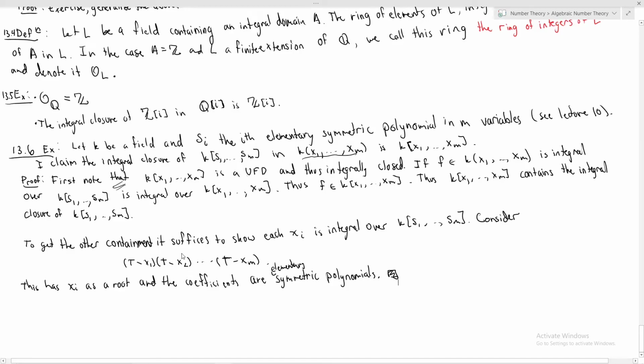Okay, so why go through this little lengthy example? It shows you a useful technique for computing the integral closure of things. So 13.7, remark.